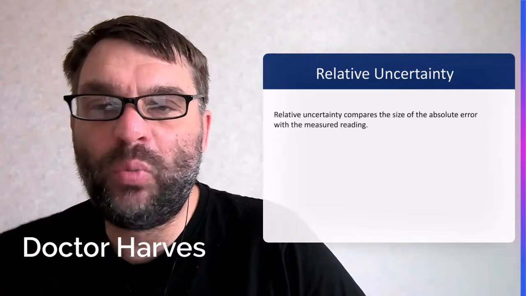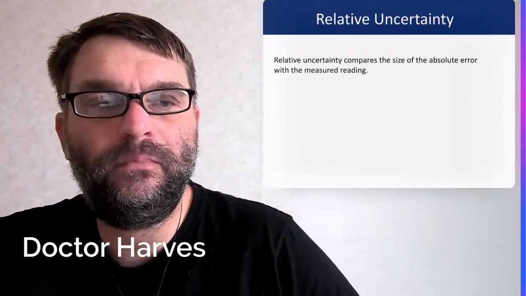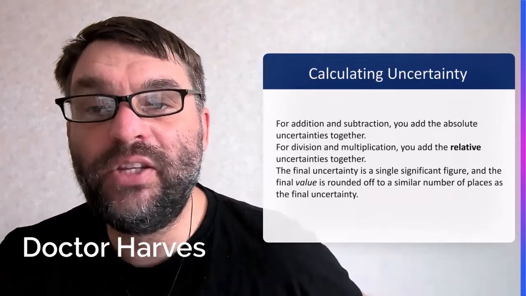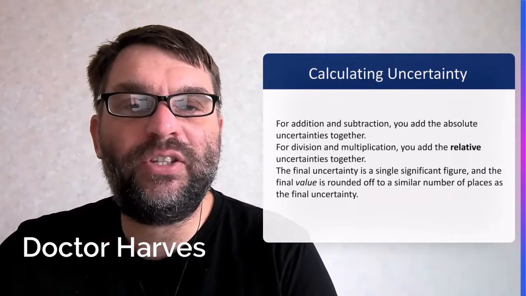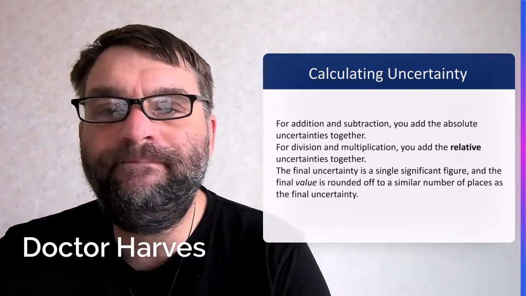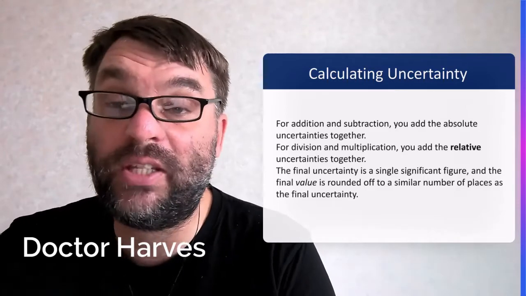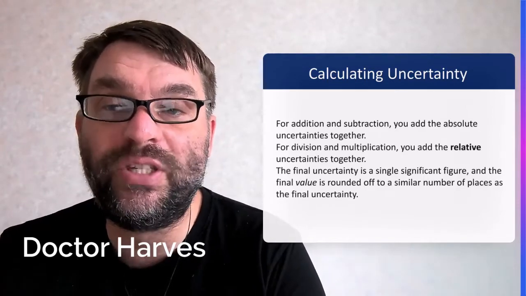That becomes more important when we look at error propagation when you're dividing and multiplying. Okay, so these are the rules. For addition and subtraction, you add absolute uncertainties together. For division and multiplication, you add the relative uncertainties together, hence we need to calculate the relative uncertainties.